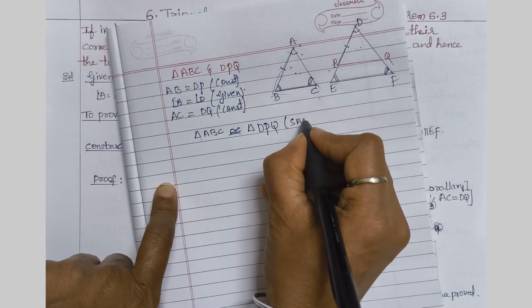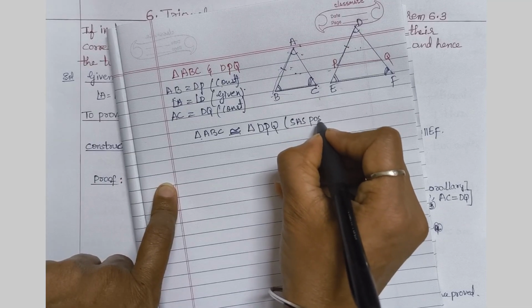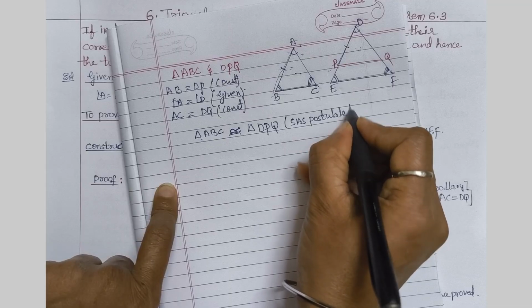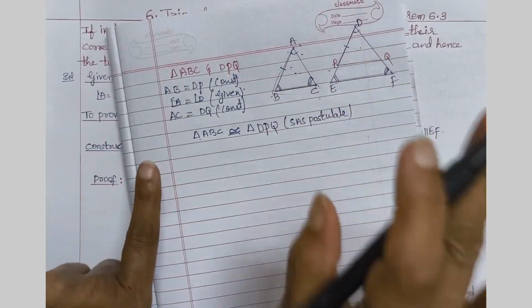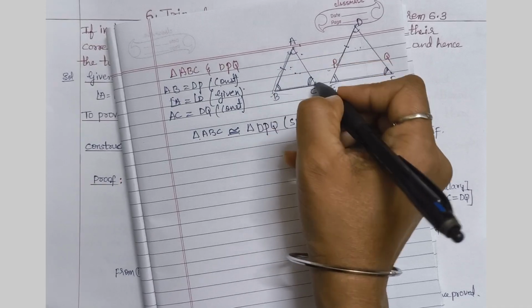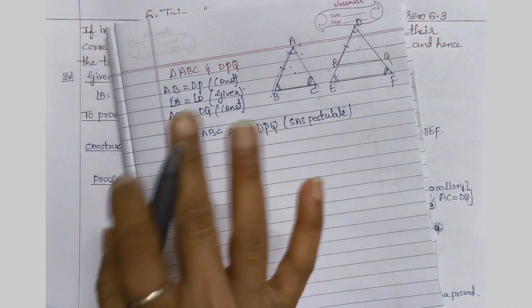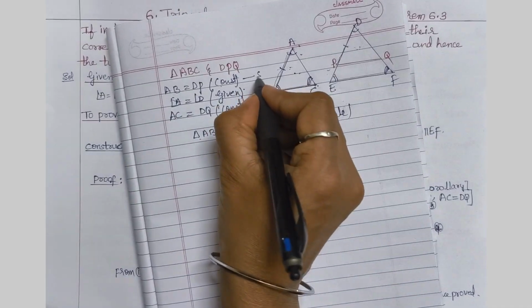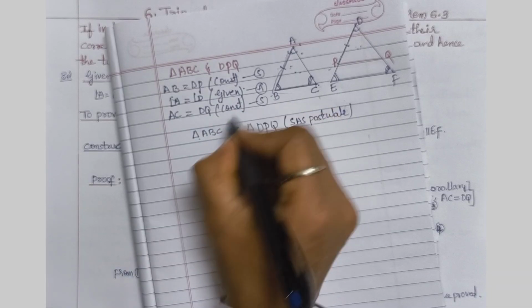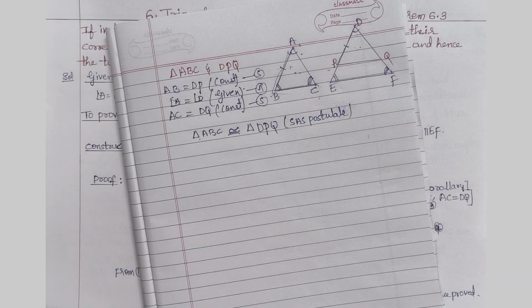Side, angle, side postulate, or criteria. Write it: this is the side, this is the angle, this is the side. By the SAS postulate, these two triangles are congruent.